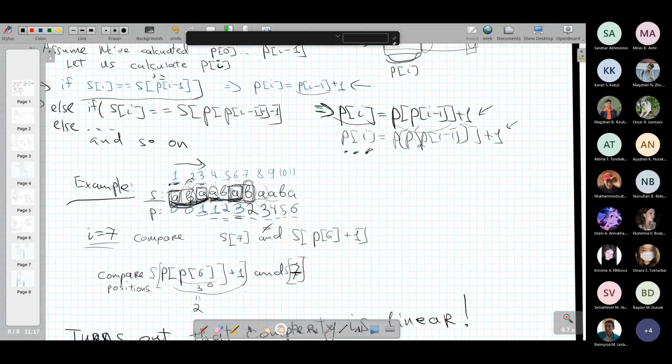If we draw the graph of the function P of i, it would look like this. It can increase by 1, increase by 1, increase by 1, then drop by many, by 2 maybe, or by 3, that doesn't matter. And then increase by 1 several times, then drop by 5, then increase by 1, increase by 1, then drop by 1, drop by 1, increase by 1, then drop by many, like this.